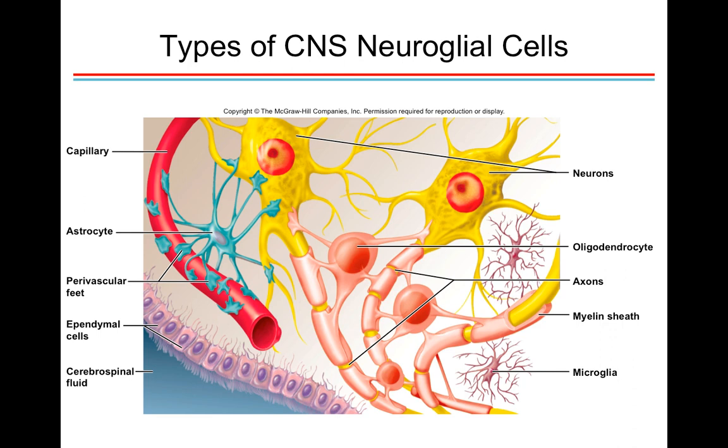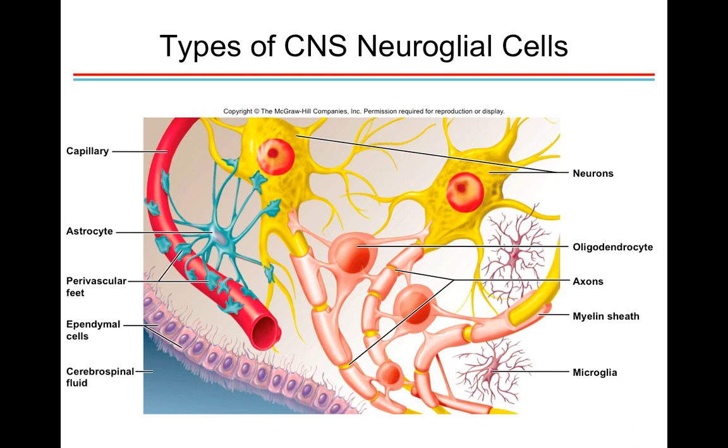neurons and the blood. So one important thing the astrocytes do is they take up potassium from the extracellular environment, and they help to maintain a proper ionic environment for the neuron. So they maintain an isotonic state in the central nervous system.